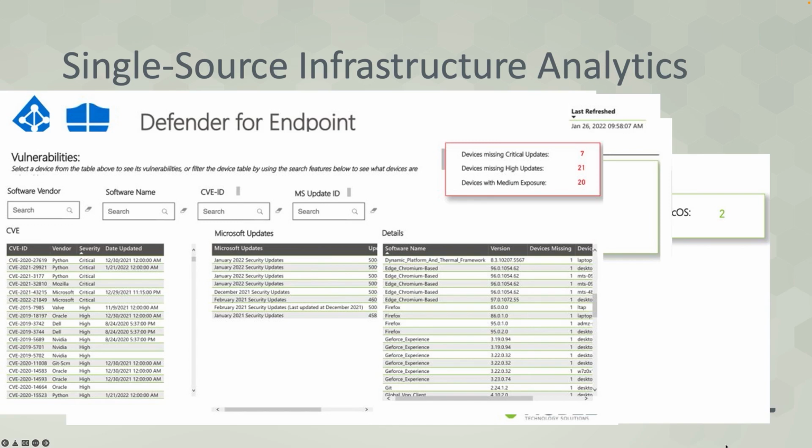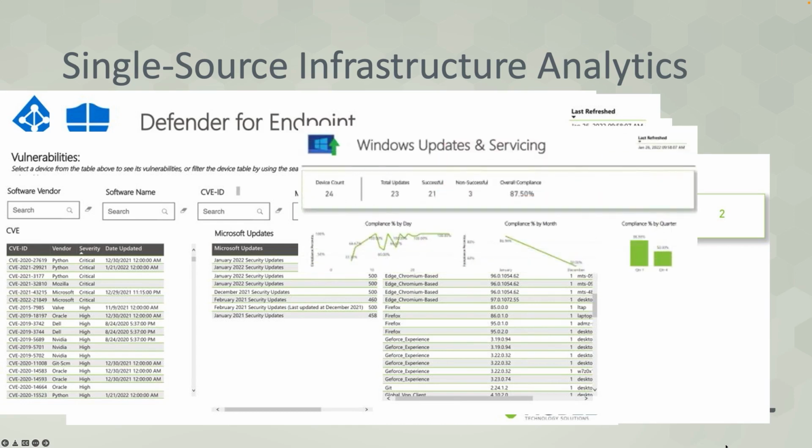So if you take a look at this piece of the Defender for Endpoint blade that I pulled up, you can now see the CVE ID matched to the Microsoft updates, matched to the details of the software that has the exposure, as well as a summary of devices missing critical updates, devices missing high priority updates, and devices missing medium priority updates.